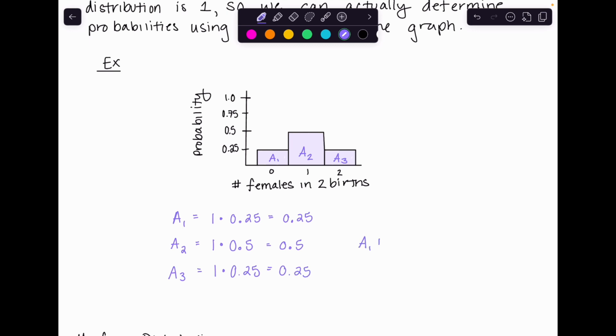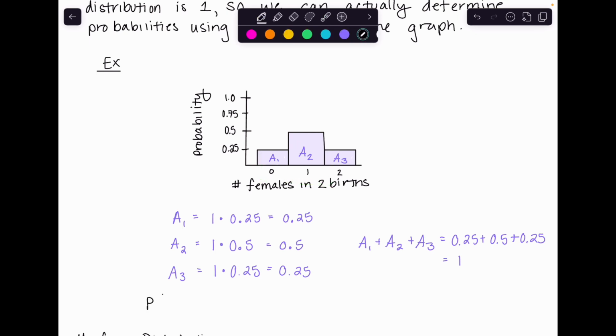So when I add these 3 areas together, 0.25 plus 0.5 plus 0.25 indeed gives us a total of 1. The reason this is really helpful is because now if I want to know the probability of 1 female or less, I'm really just going to utilize those 2 areas that fall into this category.